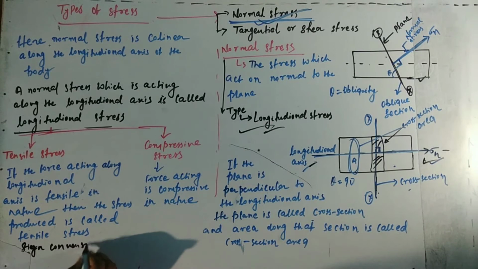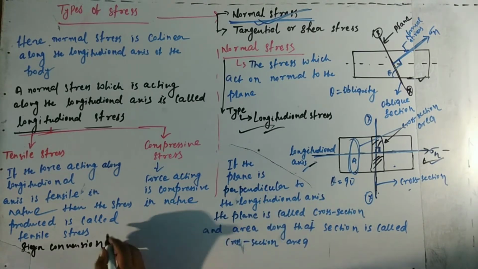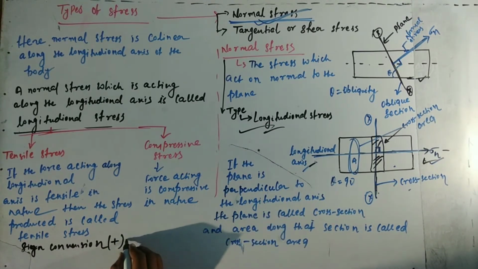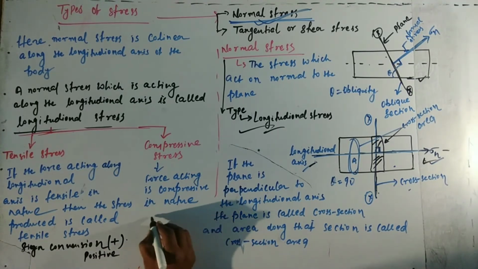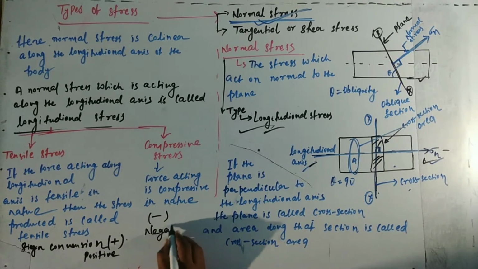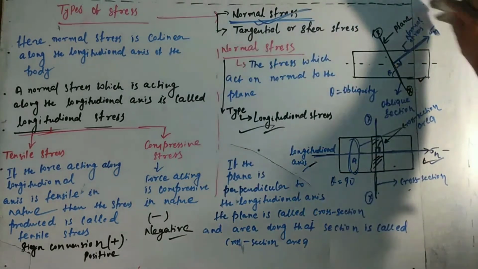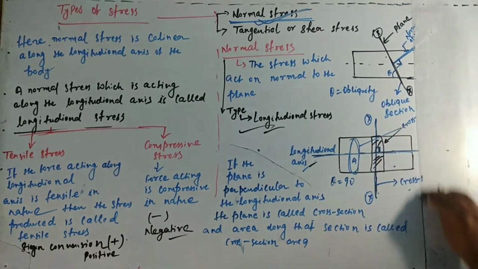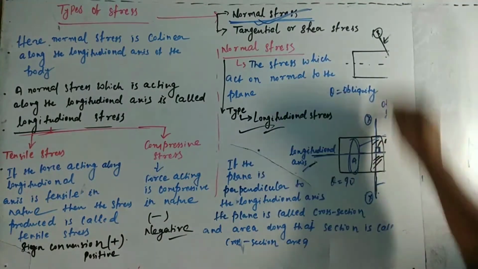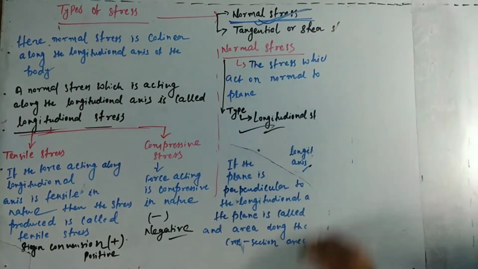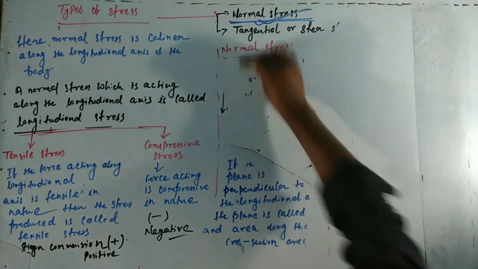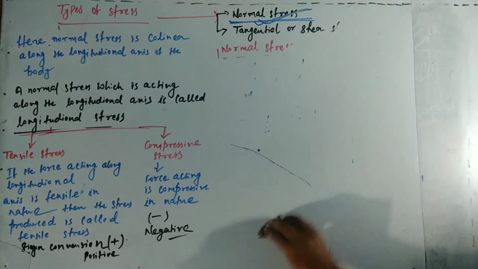And sign convention: the sign convention for tensile stress is positive, and the sign convention for compressive stress is negative. So these are tensile stress and compressive stress.